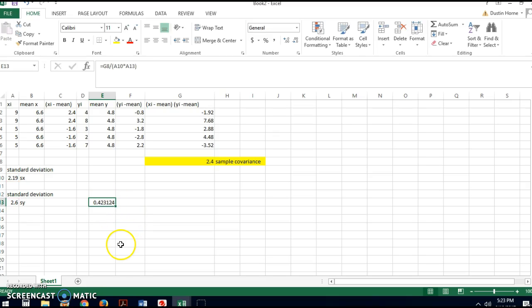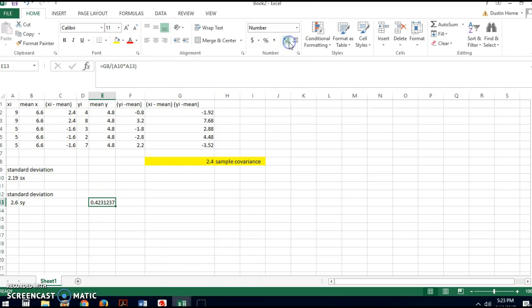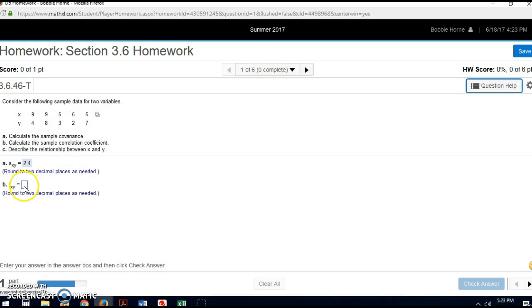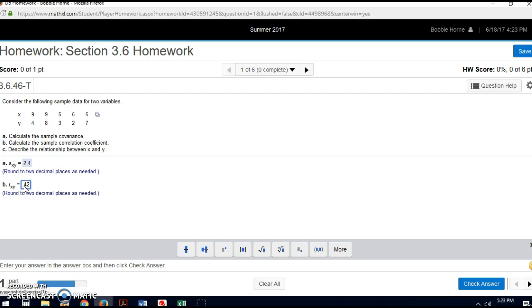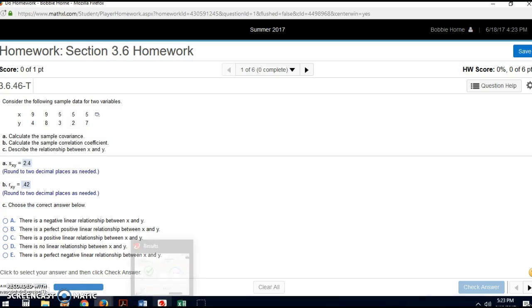So we get 0.423124. I believe they want 2 decimal places. Yes. So 0.42. Okay, and that's all you do.